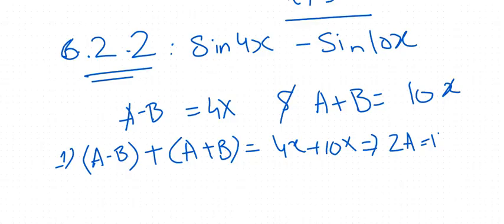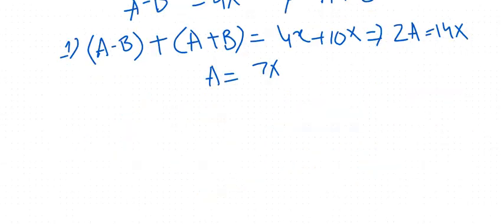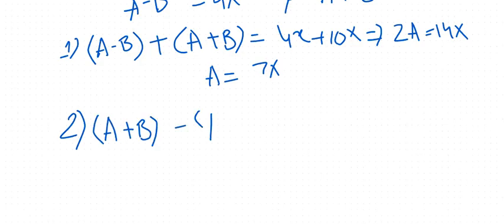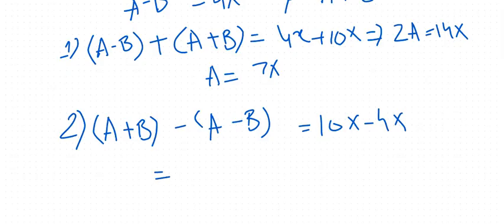Now we have to get the value of b. From the expressions, we have (a + b) minus (a − b) equals 10x minus 4x. So we get 2b, because the minus cancels and the other minus becomes positive when we multiply the inner side.